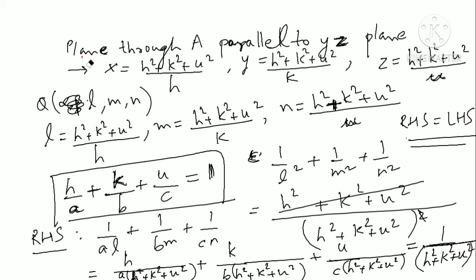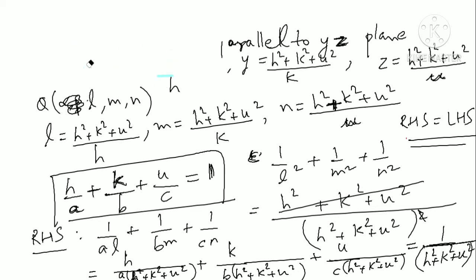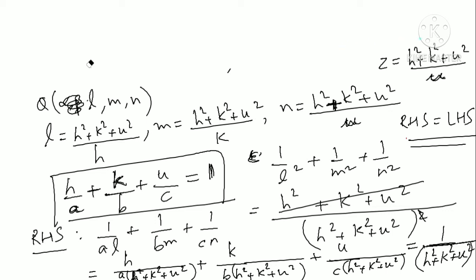So basically what we are left with now is 1 upon L square plus 1 upon M square plus 1 upon N square equal to 1 upon AL plus 1 upon BM plus 1 upon CN.